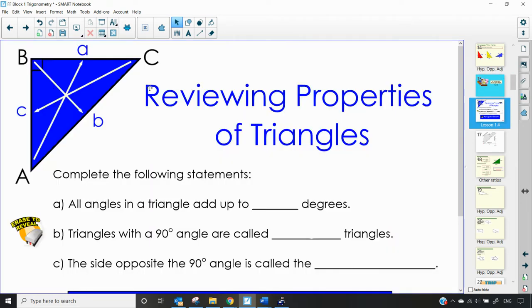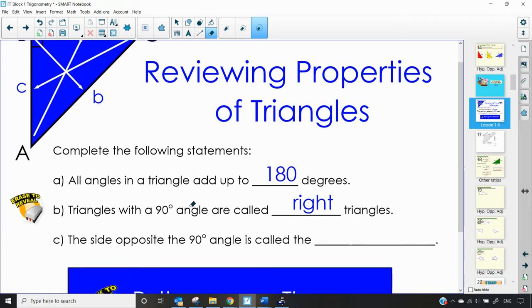All right, so first of all, just a quick review of properties of triangles. Remember that we label all of our angles with capital letters, and we label all of our sides with lowercase letters. Now, remember that all angles in a triangle add up to 180 degrees. And triangles with a 90-degree angle contained within them are called right triangles.